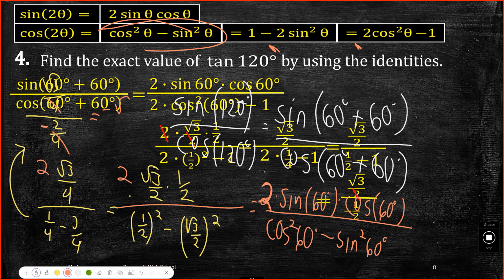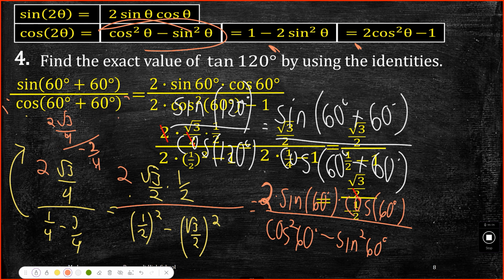If I did forget that too, then we go back over here and everything's okay. So we got 2 root 3 over 4 over negative 2 over 4. Cancel, cancel.